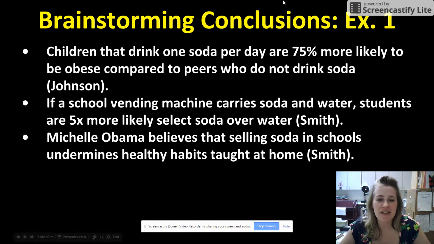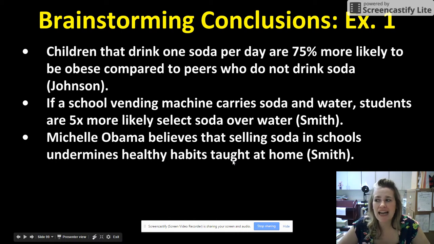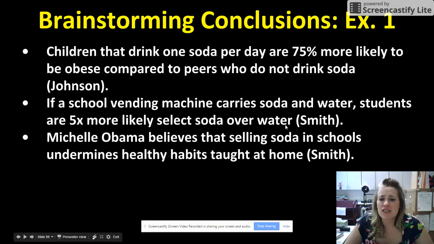So now I'm going to use this evidence and my background knowledge to reach some kind of judgment about this idea. And in order to reach a judgment, I'm going to start by looking at words that all three pieces of evidence have in common. So I see soda, soda, soda. So the conclusion I draw should probably involve the word soda.